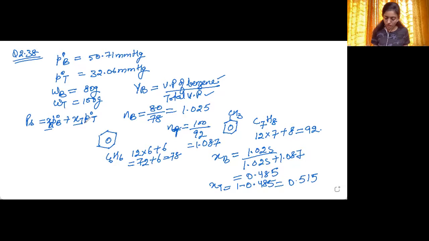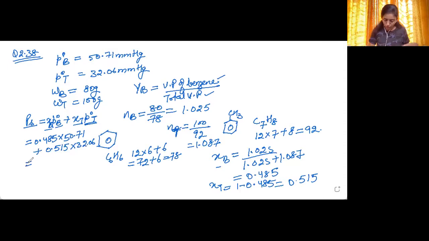Just put the values here. We have been given P naught T, we have been given P naught B, so we can find out PS. It is equal to XB, 0.485, multiplied by 50.71, plus XT, 0.515, multiplied by 32.06.